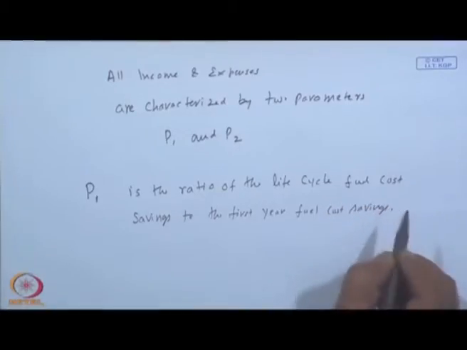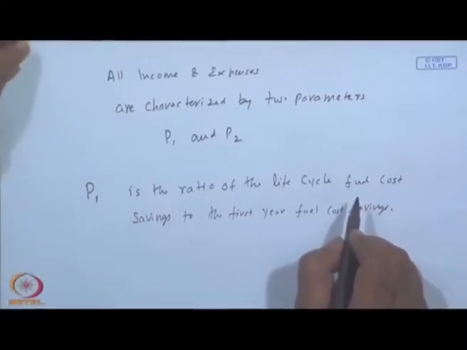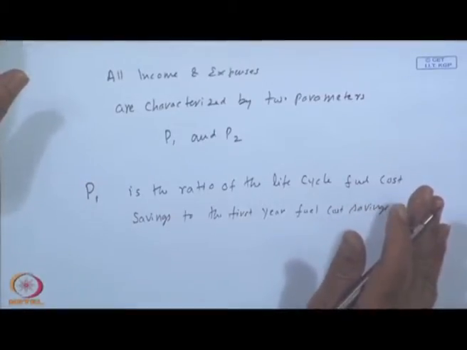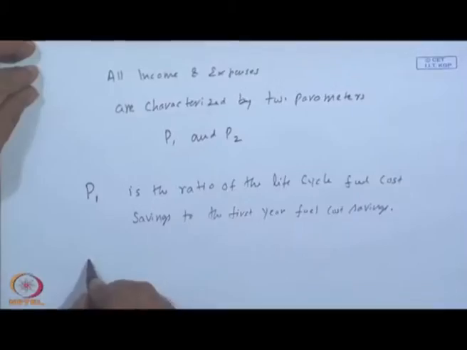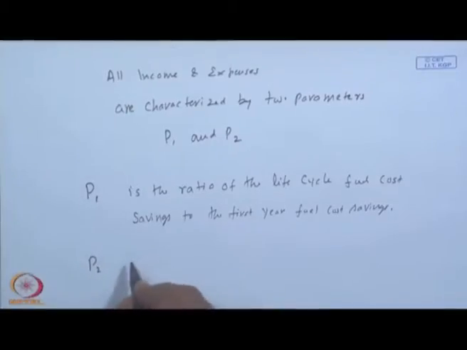In other words, this P 1 will take into account how the fuel prices are going to change over the life cycle of the solar energy system, and P 2 similarly is an indicator of the expenses.